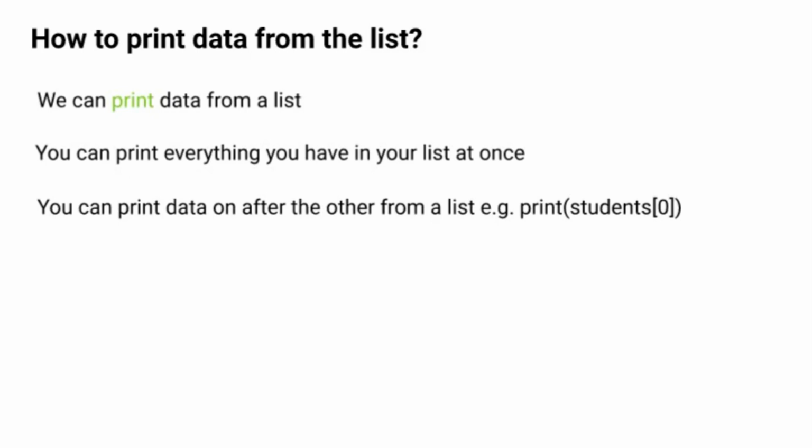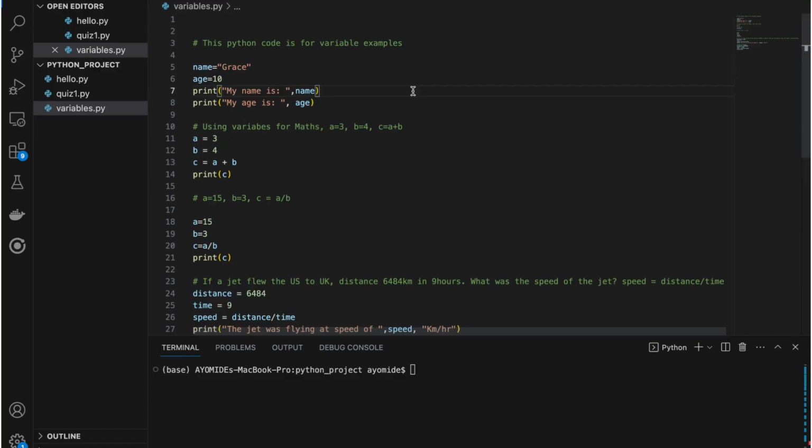So let's go to the code view to write Python code to declare a list for us, to put data in the list, and to print out the list for us. Guys, so let's learn how to use list in Python, how to create a list, how to store data in the list, and how to print our data from the list.